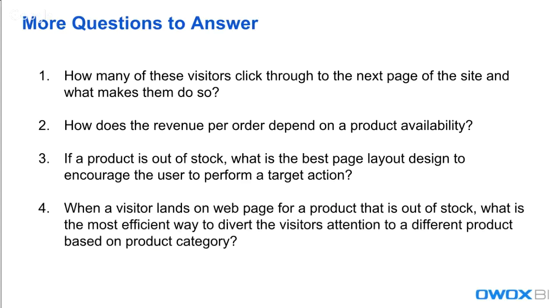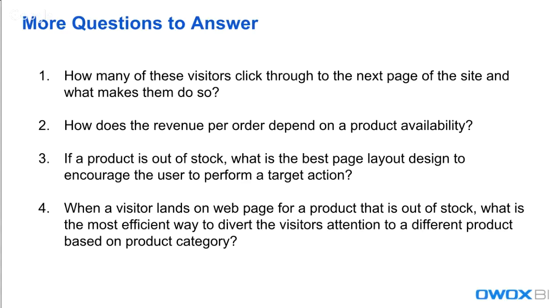And when a visitor lands on your page where a product is not available, what is the most efficient way to attract their attention and, for example, offer them a different, familiar product?